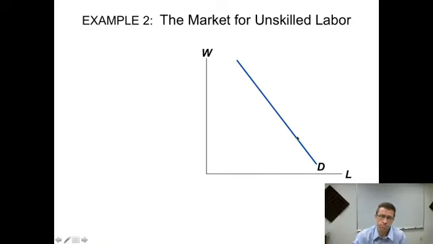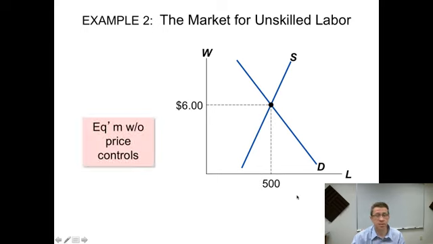And you have a demand curve, like everything else, right? There's a demand for labor. Firms will want to hire labor at some price. Workers will want to work. And let's assume there's some equilibrium, about maybe $6 without price controls. So we have $6, 500, the market for unskilled labor.